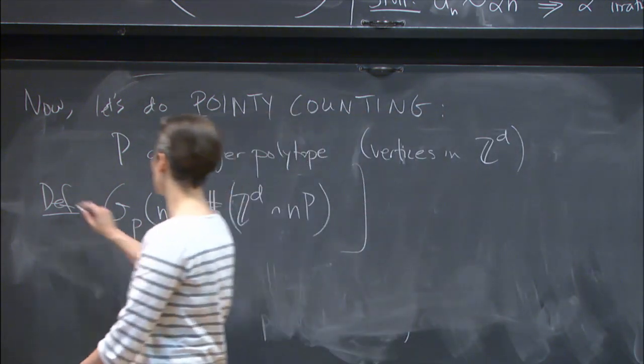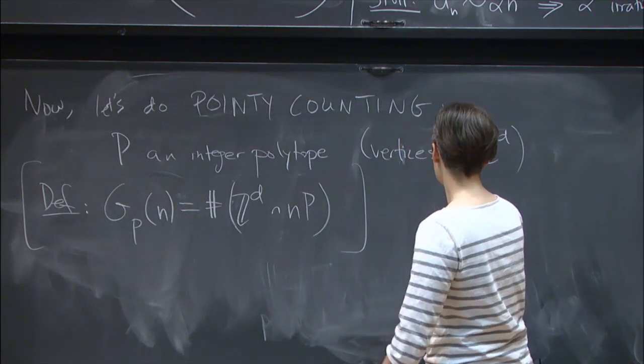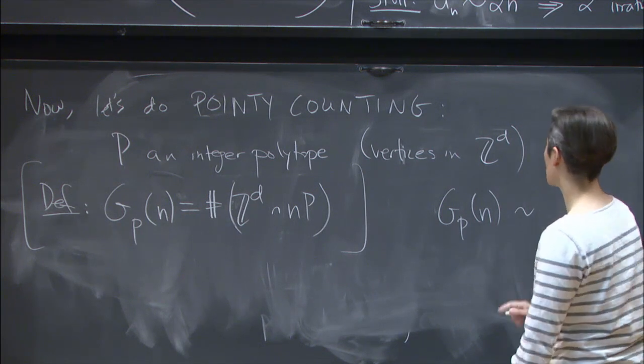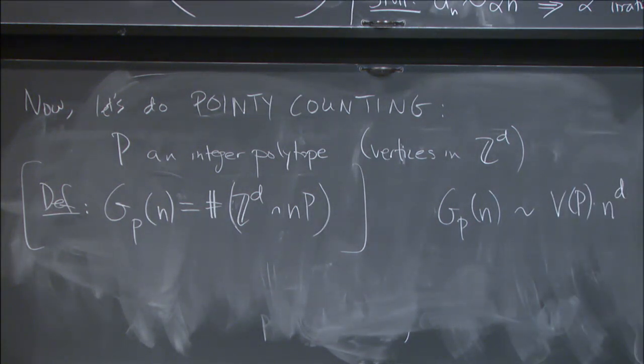So under this definition, it's easy to see for the same reason that G_P of n should grow like the volume of the polytope times n to the d. Does that make sense? Yeah. So this is in R to the d.